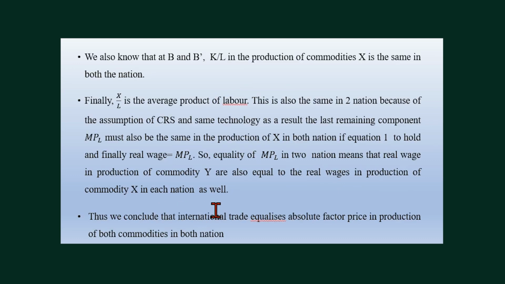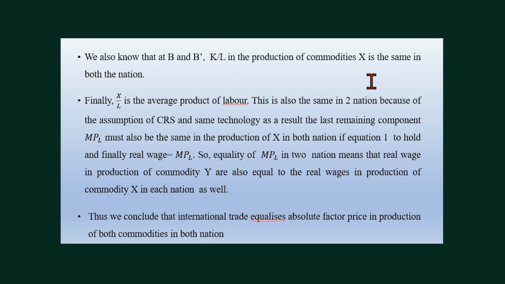We also know that at B and B dash the capital labor ratio in production of commodity X is the same in both nations. For the capital labor ratio to be the same, we also have the average product of labor, which is measured by X/L, the same for both nations due to the assumption of similar production technology and constant returns to scale.